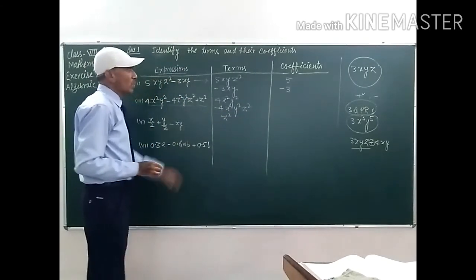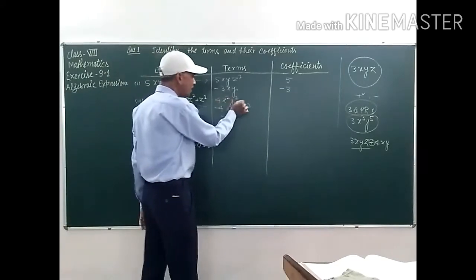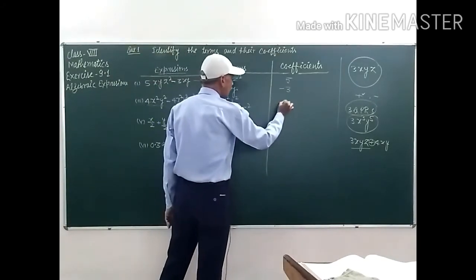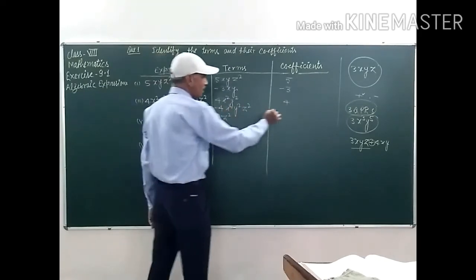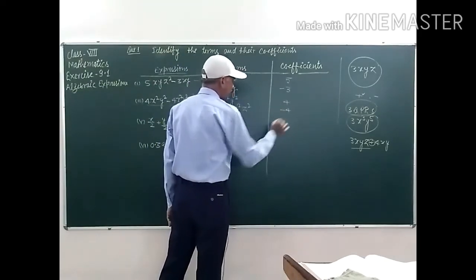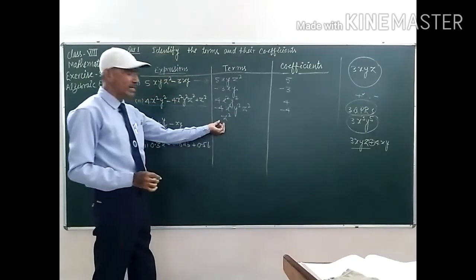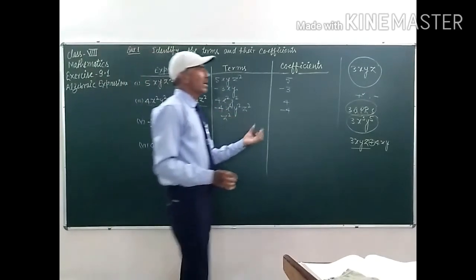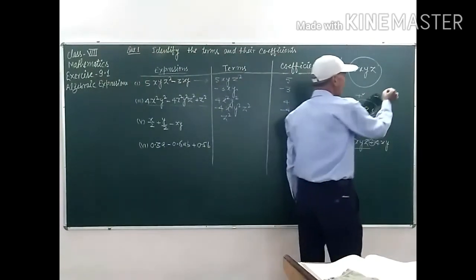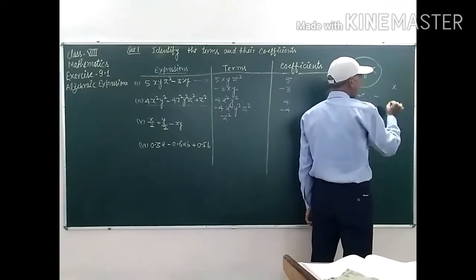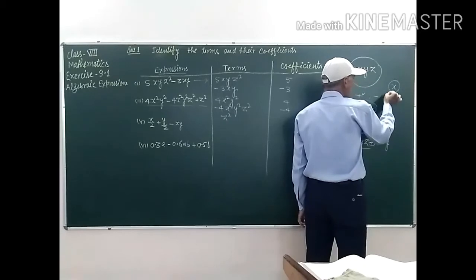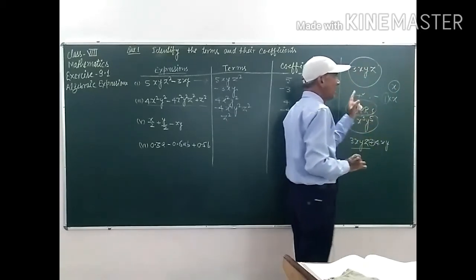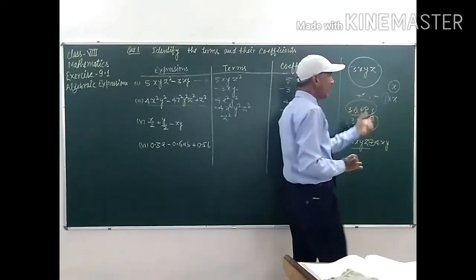Okay, student? So, what is the coefficient of the first term? That is 4. And the coefficient of the second term is minus 4 here. And the coefficient of the third term, students, if there is a variable like this, x, it means it is 1 into x. So the coefficient is 1 here. Clear, student?